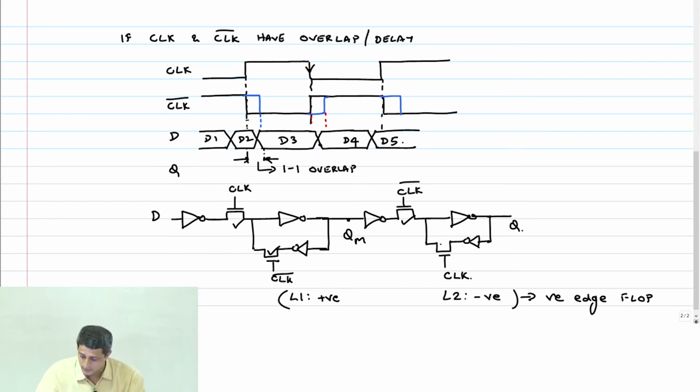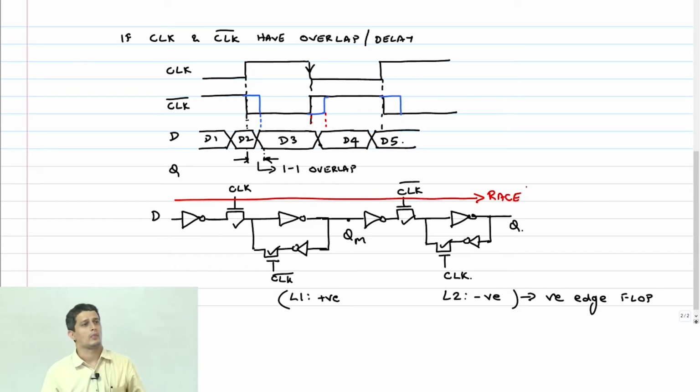And of course, even these transistors are going to be on now for a short period, right? So any change in my data D, like shown here, when it goes to D2 at the non-sampling edge, can actually race through from the input to the output, because there is a path available here like this.